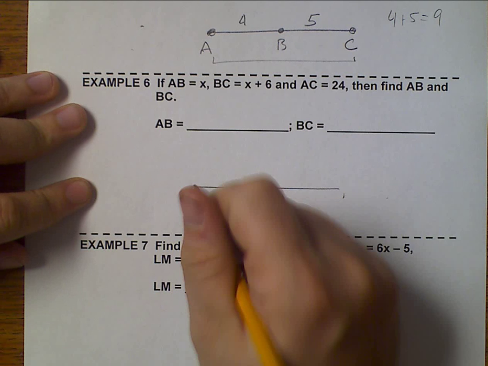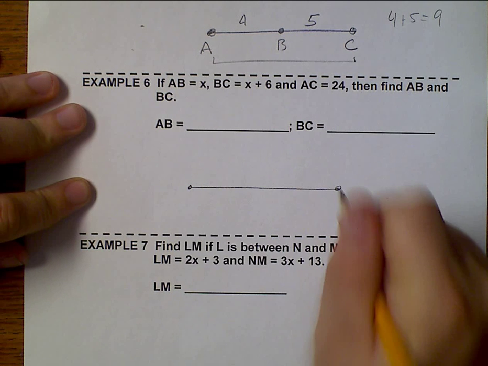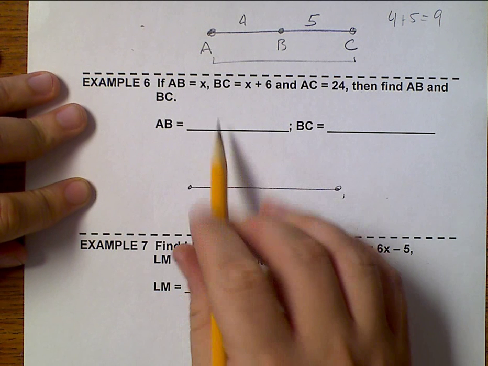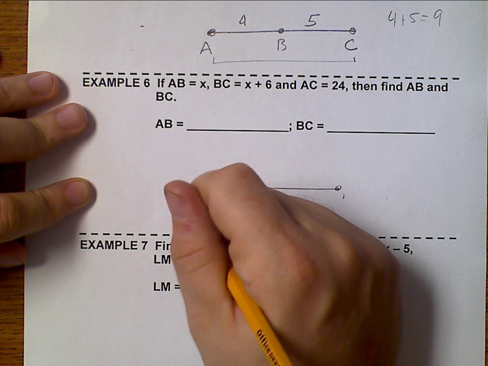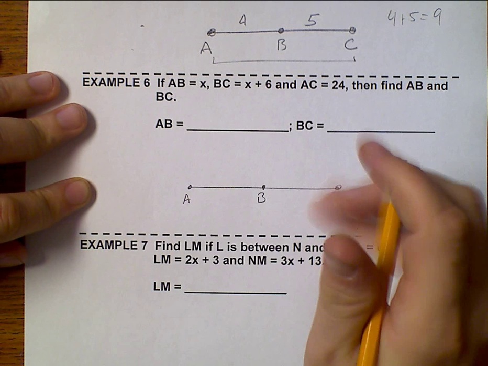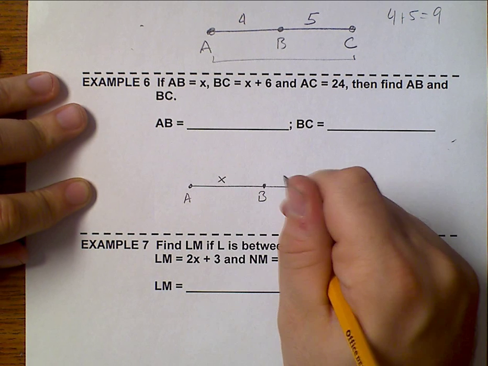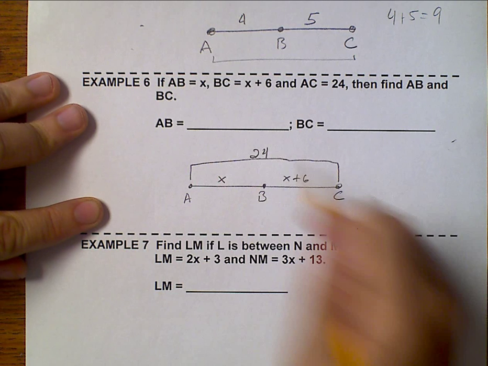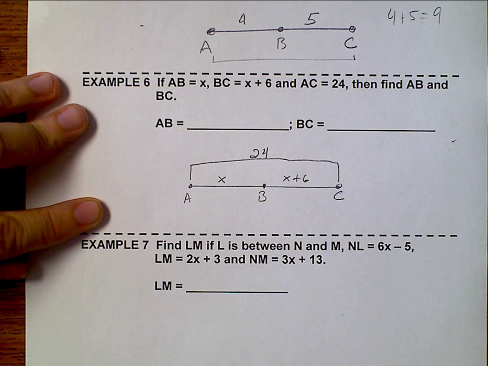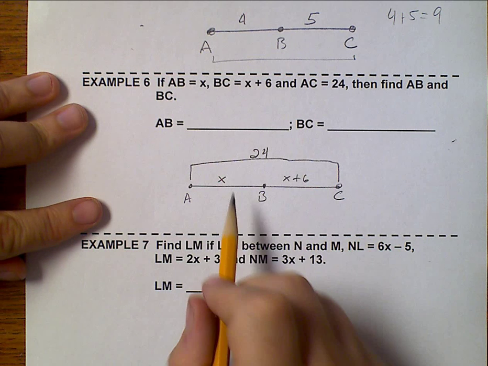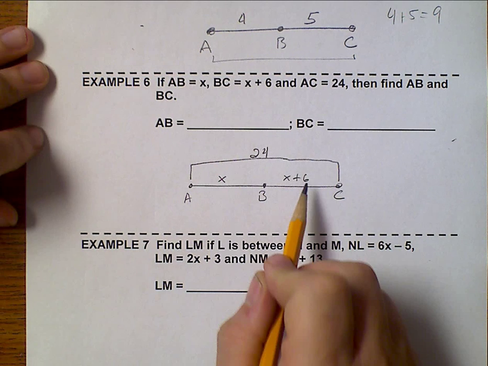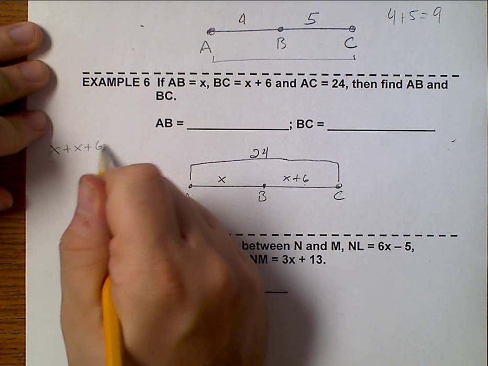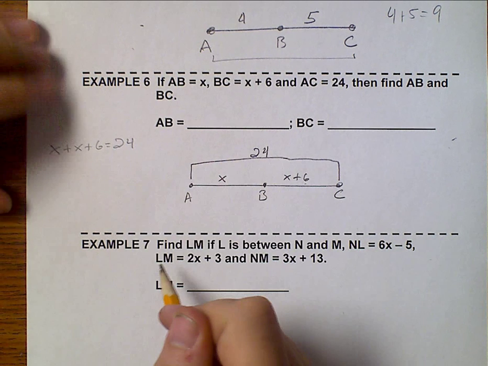Let's go ahead and do this again for example number 6. I have a line. AB equals x. So we've got A, B, and C. AB is x long, BC is x plus 6 long, and AC is 24. And we need to find all of this. Well, I know that this line segment plus that line segment equals the total line segment. So x plus x plus 6 equals 24. Go ahead and start simplifying.